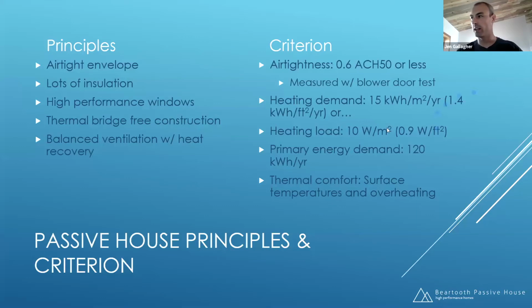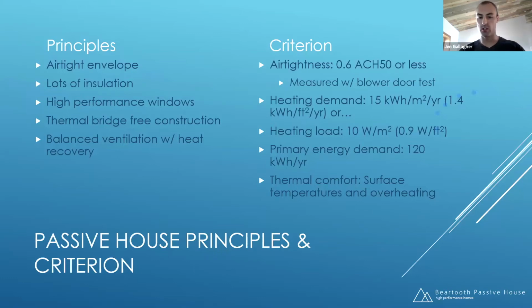And then that model will calculate a heating demand, which just means the amount of energy you use for heating throughout the year. You have to be under a certain value. You can't use more than a certain amount of total energy in the house. And then you have this thing called thermal comfort, which is the comfort criterion, which just means it's addressing the fact that every surface in the envelope has to be above a certain temperature for the most part, so that it is comfortable.